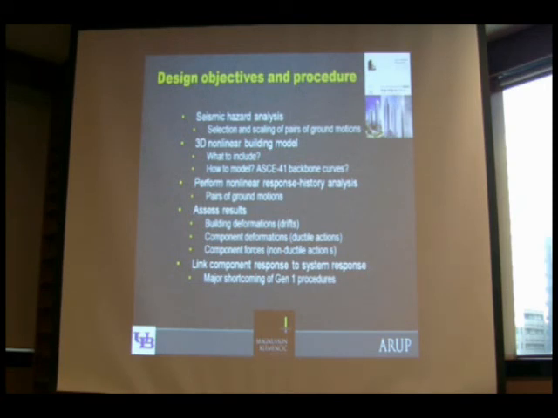This is a major shortcoming, and we don't have, or we didn't have when we wrote the FEMA 273 document, a simple way of linking component behaviour to system behaviour. But we felt that we had to implement the procedures at the component level, in that this is what engineers are familiar with. So it's a shortcoming of the process.